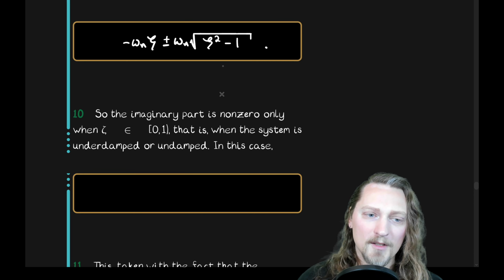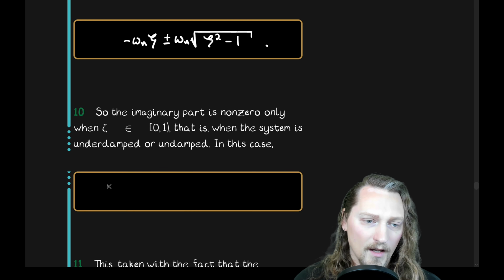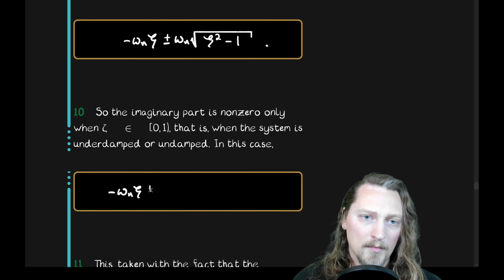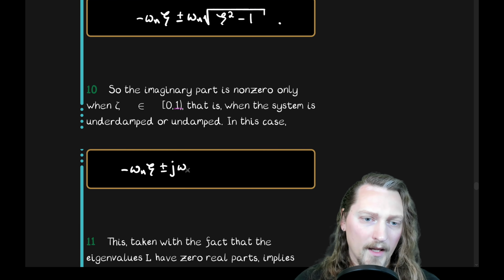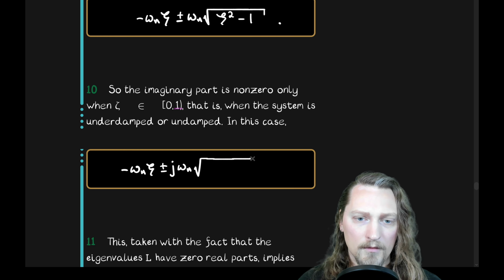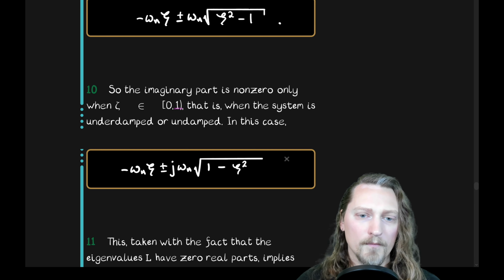So when the system is underdamped or undamped, we get the case that we could rewrite this as negative omega n zeta plus or minus j, the imaginary number, which we've now factored out, omega n square root of 1 minus zeta squared.